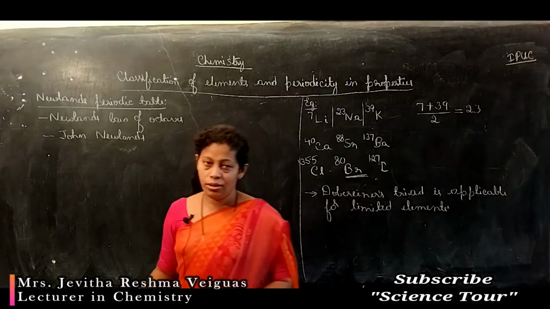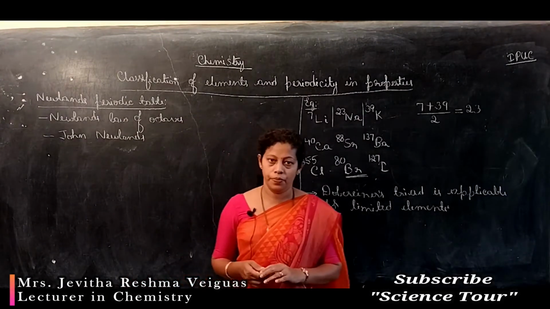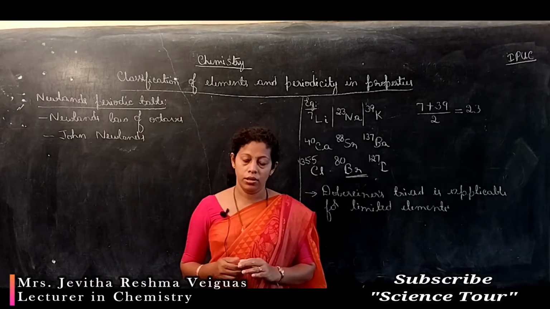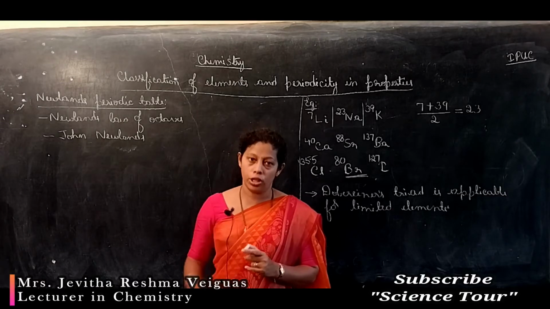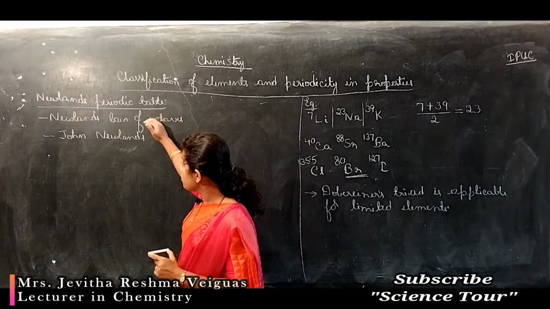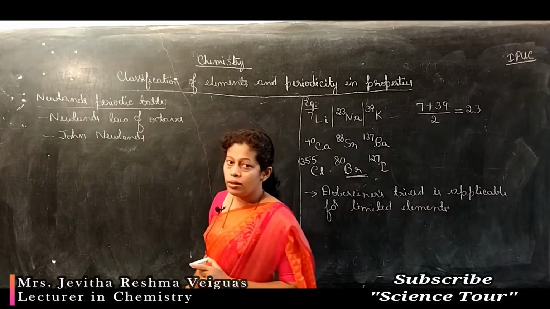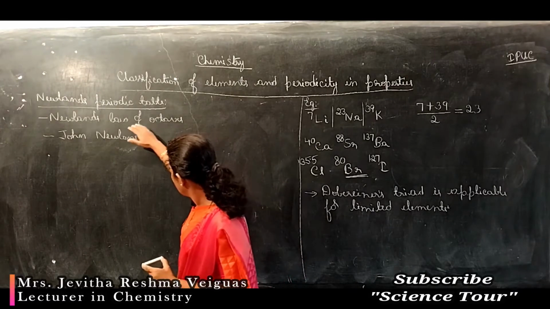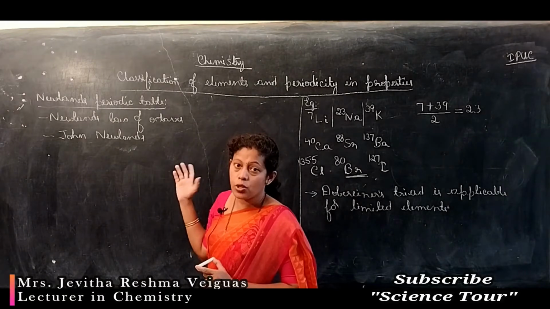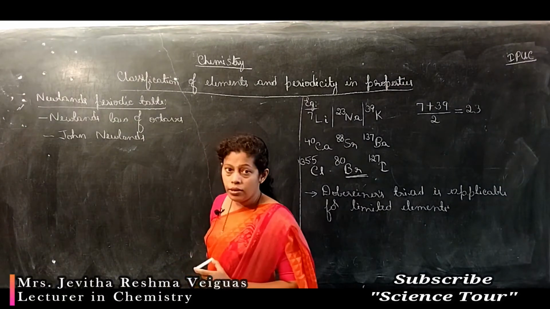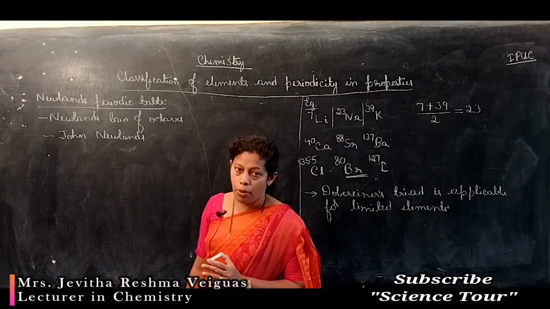He arranged the elements in the increasing order of atomic weights, and he found that the first element and the 8th element have properties similar to each other. Octaves means this placement depends upon octaves in music. Here in this periodic table, the first element and the 8th element had similarities in properties.